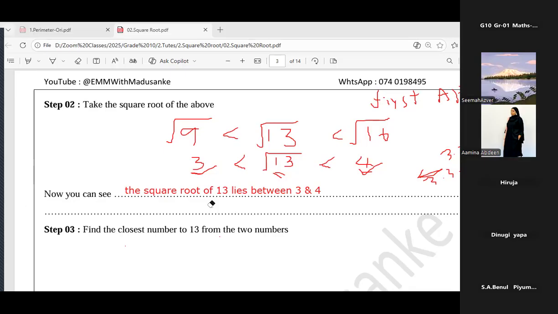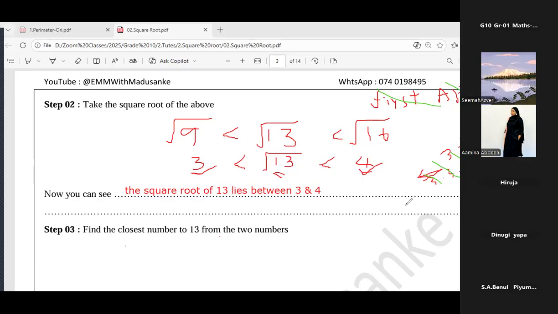Right, only this thing you have to write. No need to write other things. No need to write this. Okay. Right. Super.